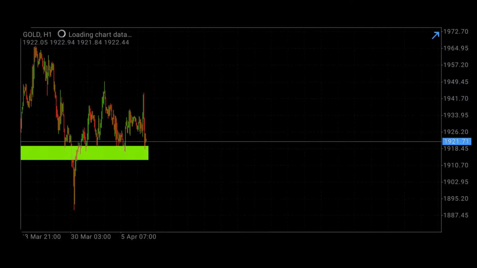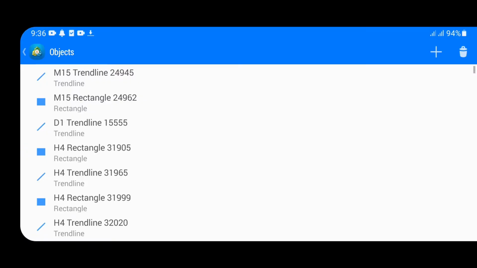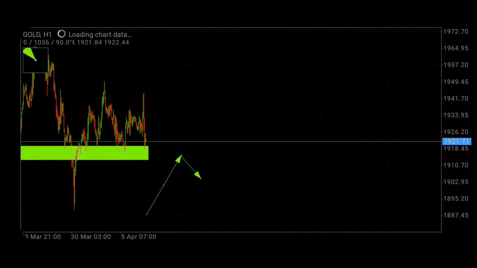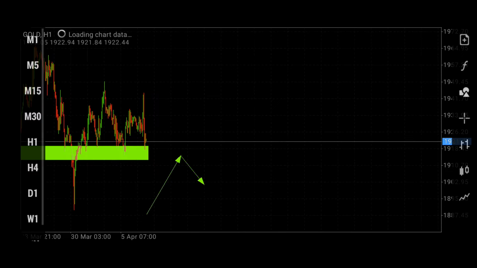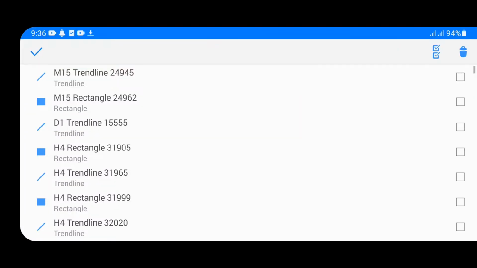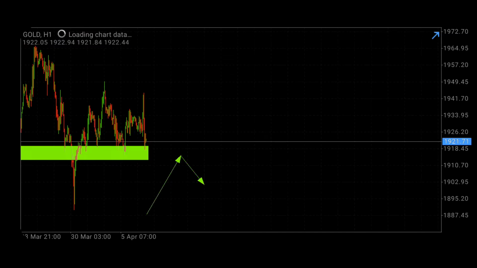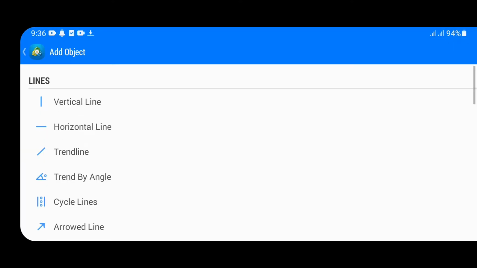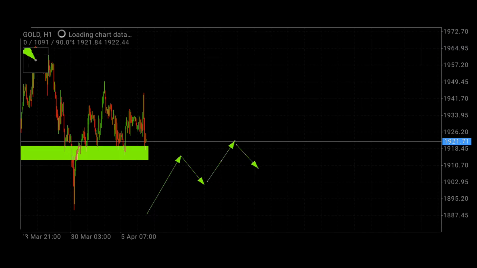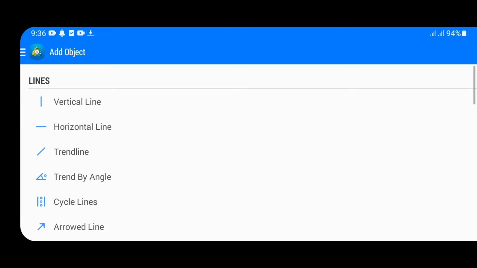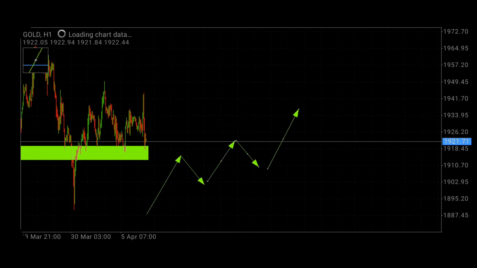Let's say we are currently in an uptrend. Let's say gold is in an uptrend for now. Don't mind the current market structure, just focus on what I'm drawing.